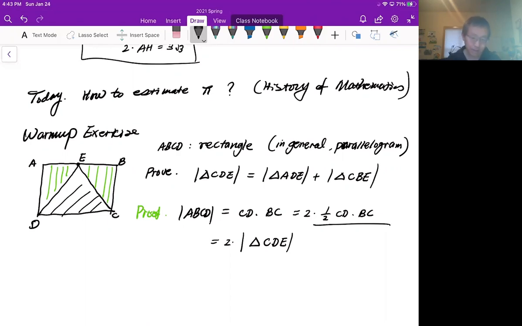So what does that mean? Well, that just means that if you subtract the triangle from the other side, the area of ABCD, the whole thing, minus the area of the triangle equals the area of the triangle. Does that make sense, right? Because the right-hand side originally was twice the area of the triangle. I just move one to the left-hand side, right?